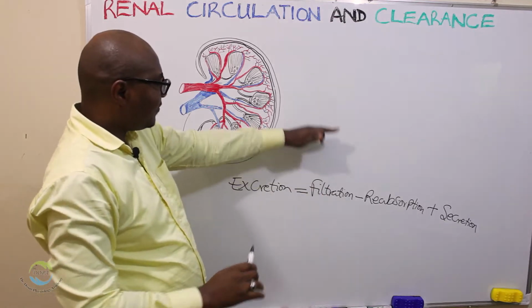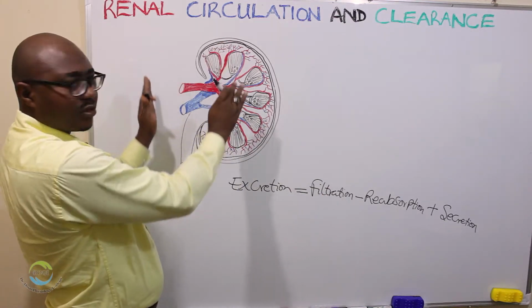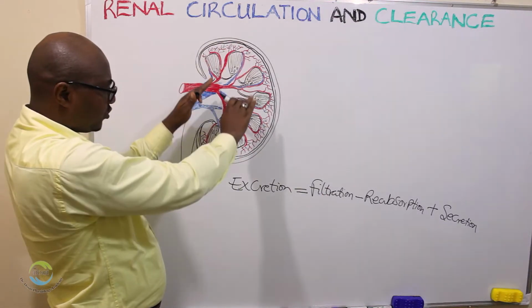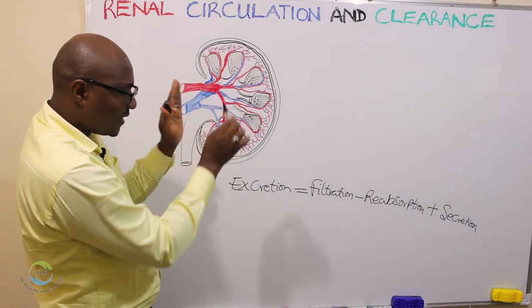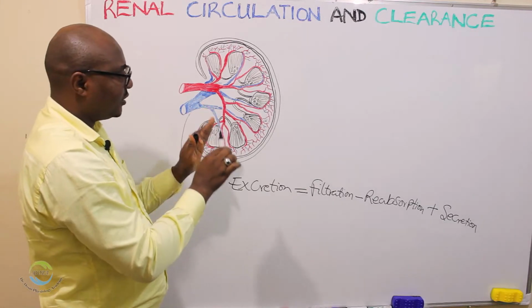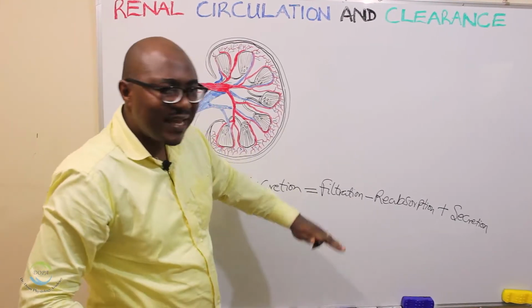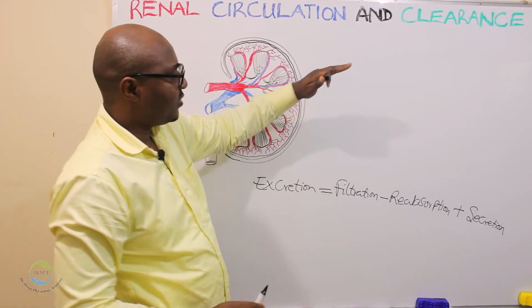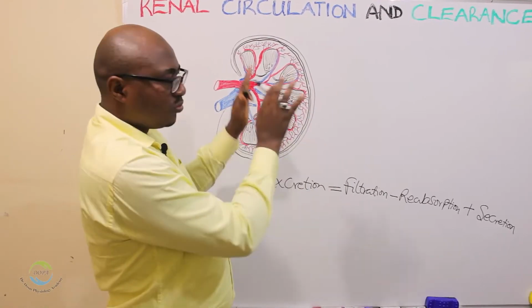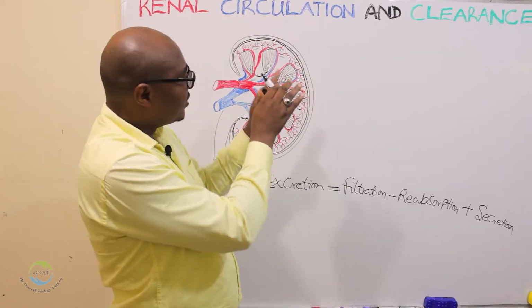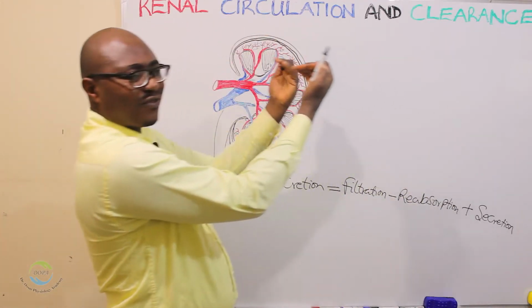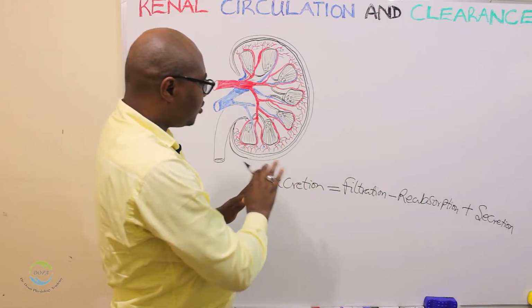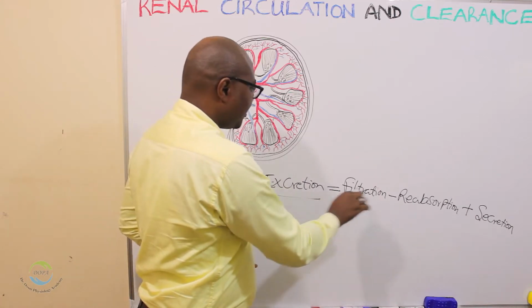So it's just talking about the fact that in the glomerulus, there's filtration. It adds substances into the tubule. Remember that diagram of the nephron. Okay? Then reabsorption takes back stuff into the bloodstream, all right? Then secretion adds from the bloodstream into the tubule. So you need to understand this. Excretion is this, all right?